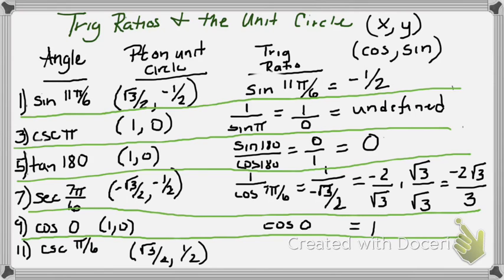The cosecant is 1 over sine. So 1 divided by the sine of pi over 6, which is equal to 1 divided by 1/2. And when you multiply by the reciprocal, it is equal to 2.